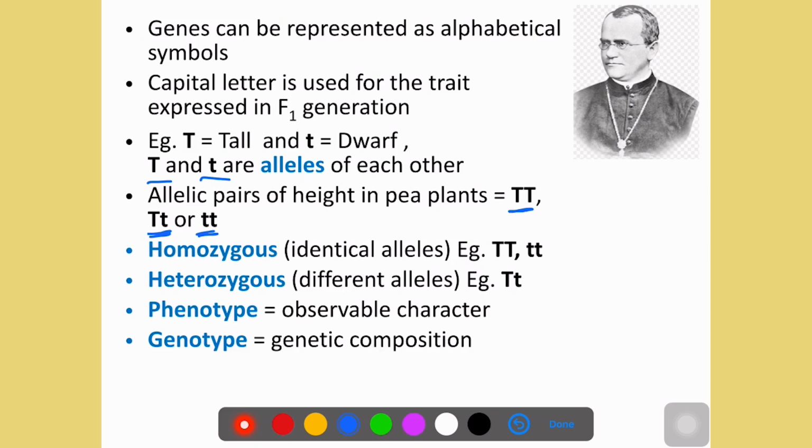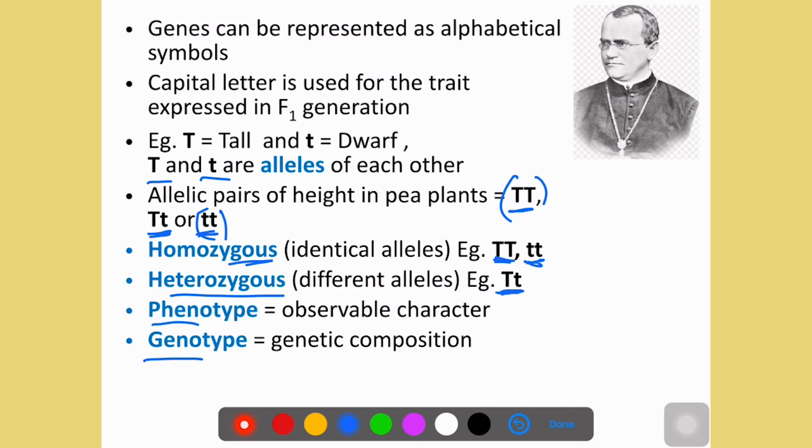When both the alleles are the same, such plants are called homozygous plants. A plant having two capital T's is a homozygous plant. A plant having two small t's is also homozygous because it is carrying identical alleles. And those plants which carry different alleles, a capital T and a small t, are called heterozygous plants.